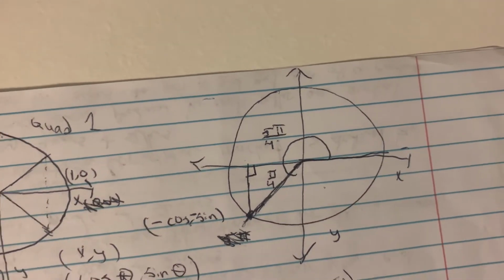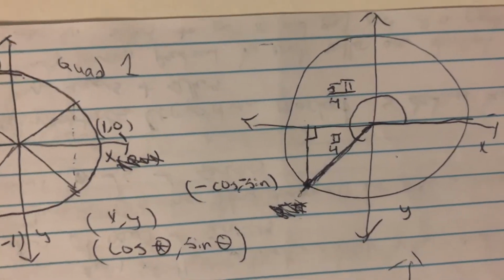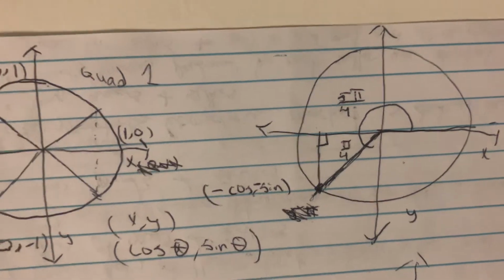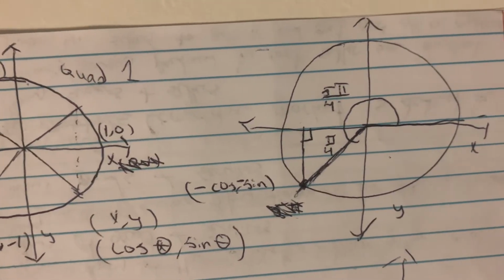Cosine of pi over 4 is square root of 2 over 2, and the sine is square root of 2 over 2.